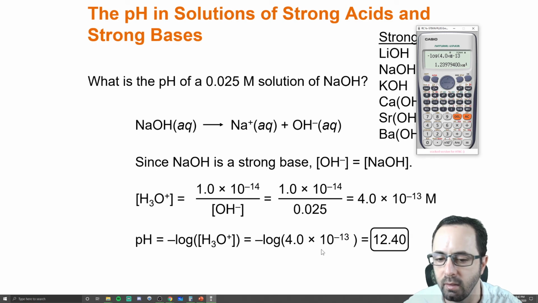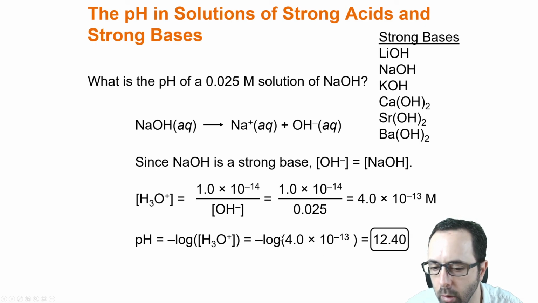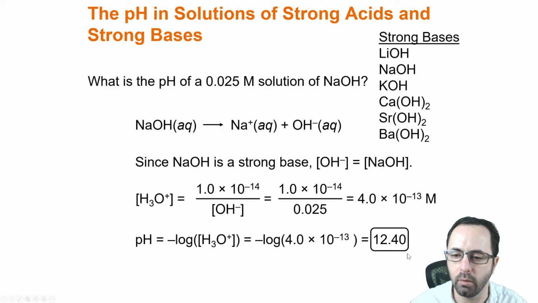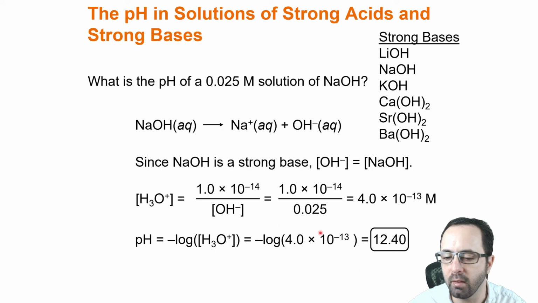And again, notice we're taking the log of a number with 2 sig figs, so we write the result to 2 after the decimal. So we write 12.40. That is the correct number of sig figs for that. So these problems should be familiar. We've done some already, and you did some in your last class, but this is the way you handle the sig figs.